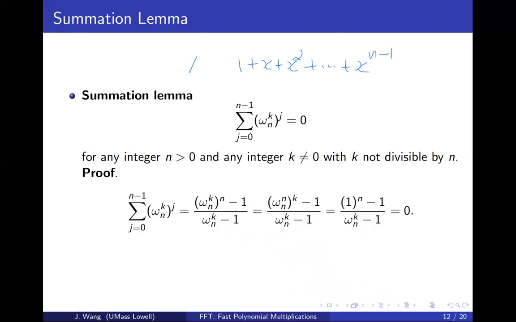Let's call this A(x). And then for each k, I'm going to plug this in. So this is x, I'm sorry, omega. I'm going to plug that in, omega n to the k. Then this is equal to 0. That's a summation lemma. So that's what this means.